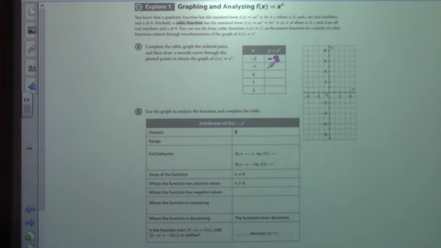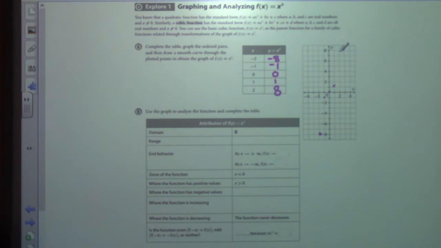And then we have -1 cubed, which is -1. If we plug in 0, we get 0. If we plug in 1, we get 1. If we plug in 2, we get 8. So basically, that's all we have room for on this graph. So the points are like this.